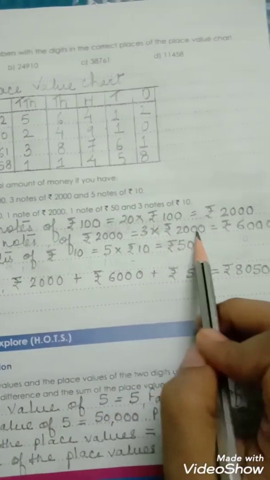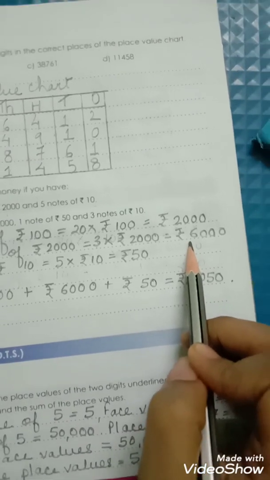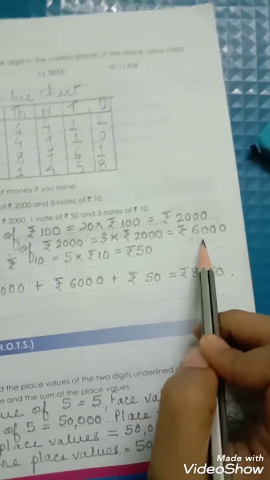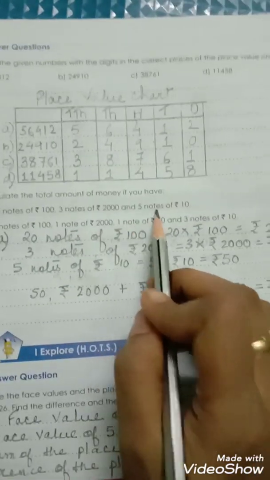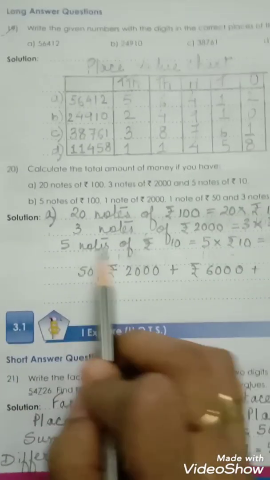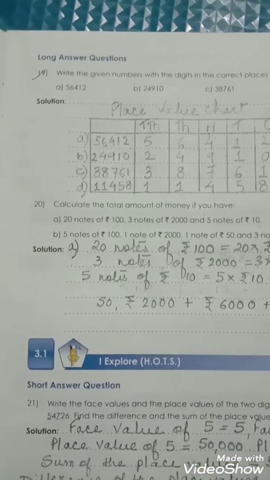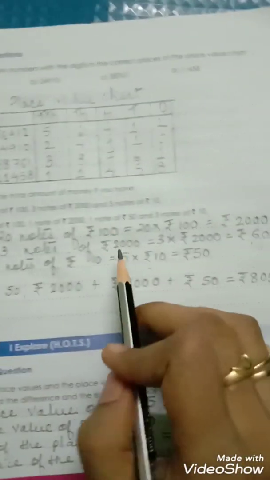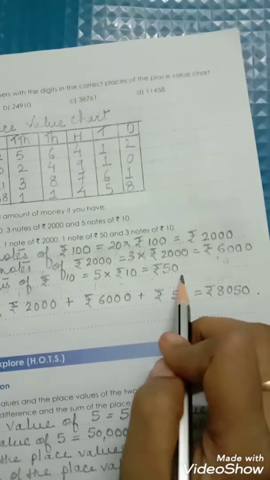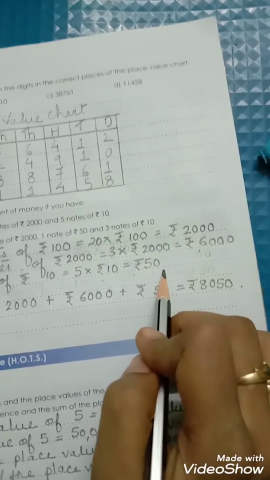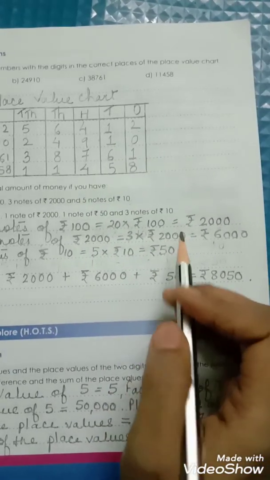So what is the total amount you have? 3 into 2000 comes to rupees 6000. Rupees 6000 you have. Next, again what do you have? 5 notes of rupee 10. How many 10 rupee notes do you have? 5. So 5 notes of rupee 10 means rupees 50. Now we will calculate the total amount.